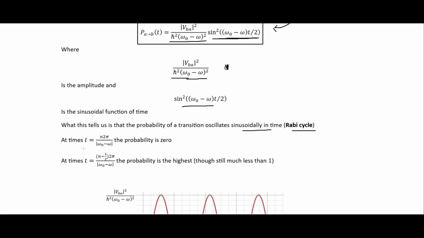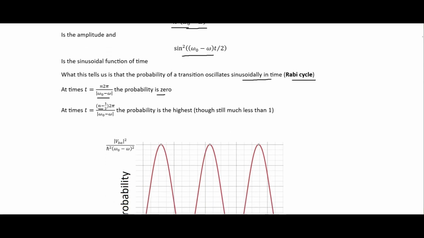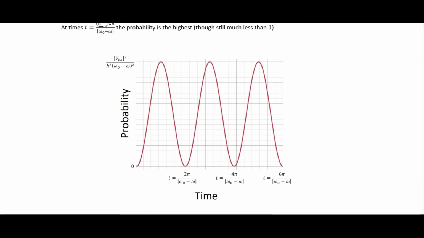And so at times t equals n 2 pi over omega sub naught minus omega, the probability is 0, and then at n minus 1/2 here, the probability is the highest, though it'll still be a lot less than 1. And so that will look like this.